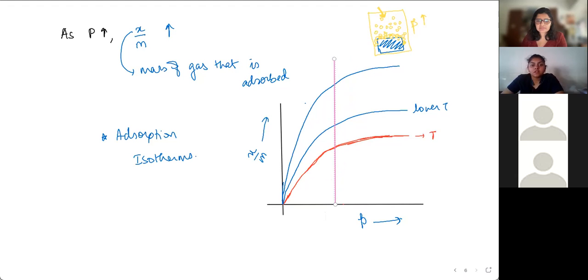If I call this T1, this T2, this T3, T1 is the greatest, followed by T2, followed by T3. So as temperature increases, the rate of adsorption is decreasing. You can see that it's lower on this particular axis. This is what Freundlich found out, and this is how you read and interpret the graph.